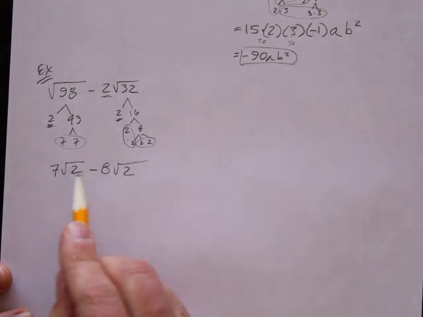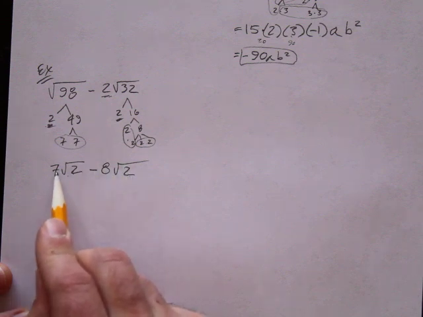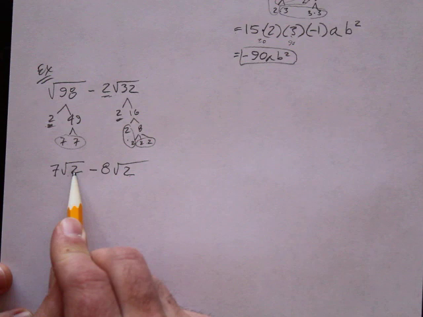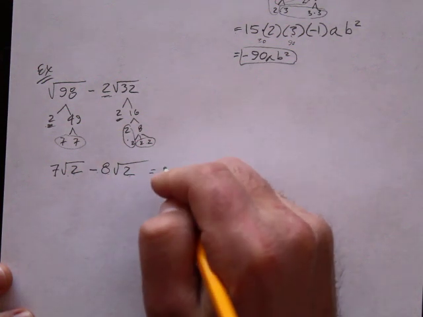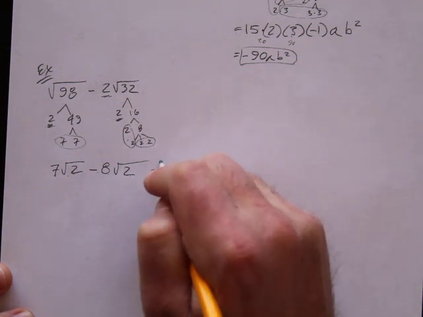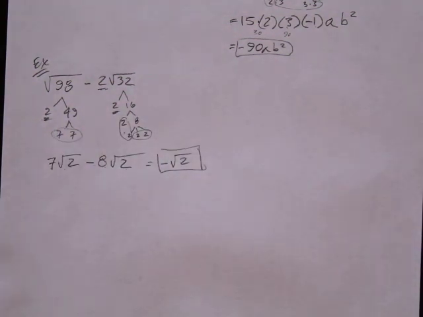Notice how I have the same radical here? That means I can combine these two terms. 7 times the square root of 2 minus 8 times the square root of 2 is negative 1 times the square root of 2, or just negative square root of 2. And that's how you do that one. And that is all we're going to do for 6-5.